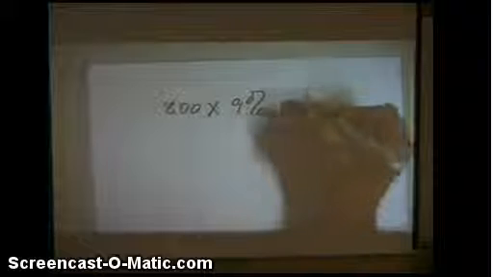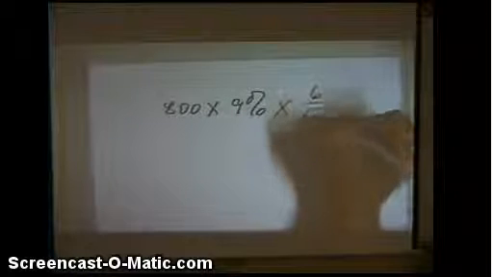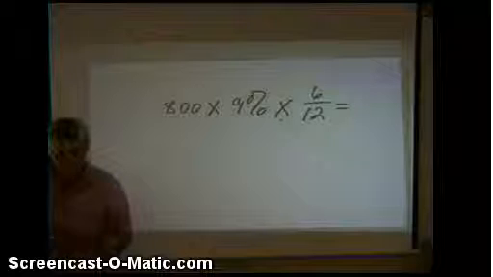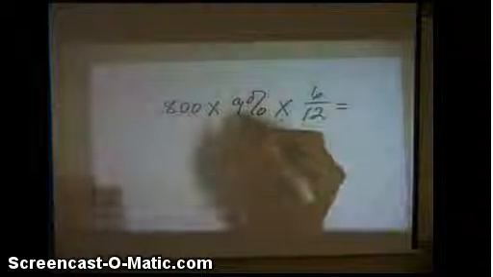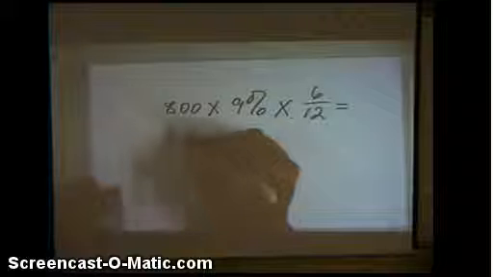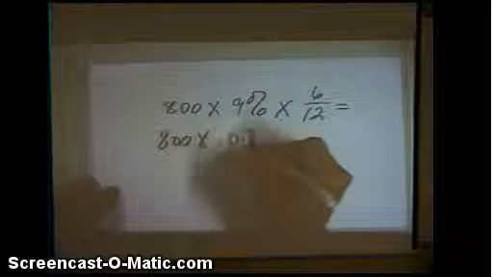So you got your 800 times your 9%. I'm going to write it out like this, times 6/12, because it's for 6 months. If you don't have a calculator and you're figuring it out by hand, you'd go 800 times 0.09, times 6 divided by 12.